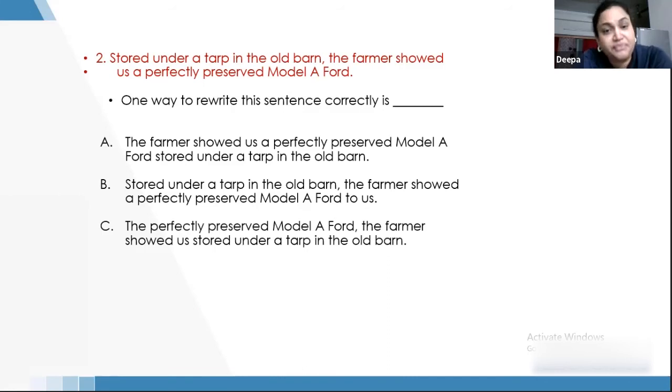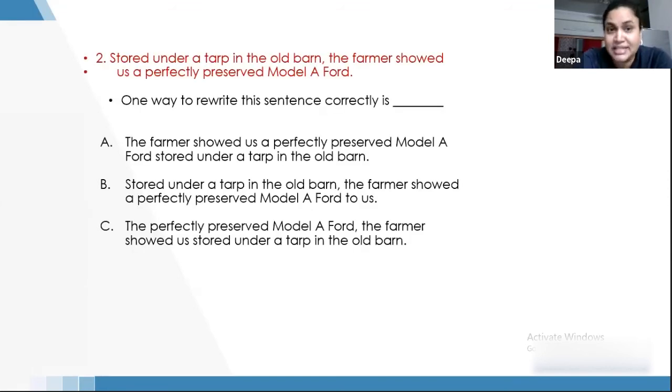Yes, the perfectly preserved Model A Ford, the farmer showed us, stored under a tarp in the old barn. So in this case, the best way to use the sentence is sentence B.